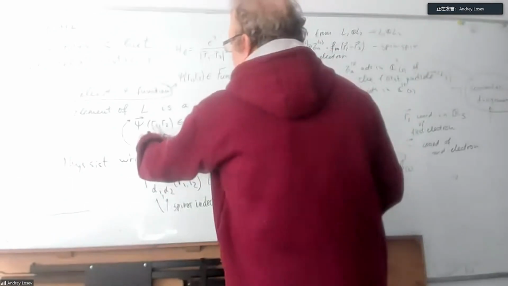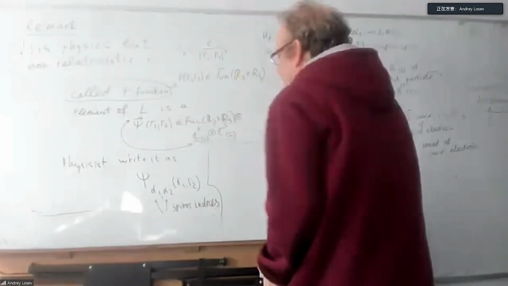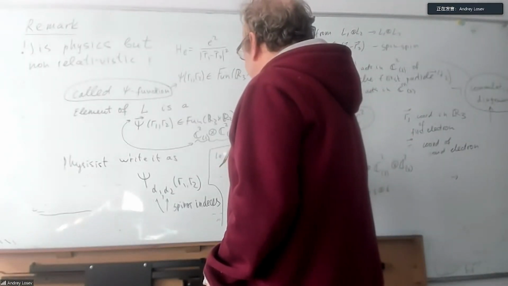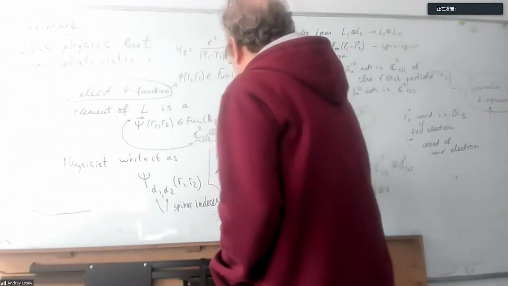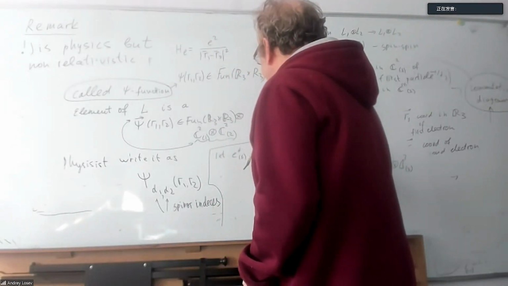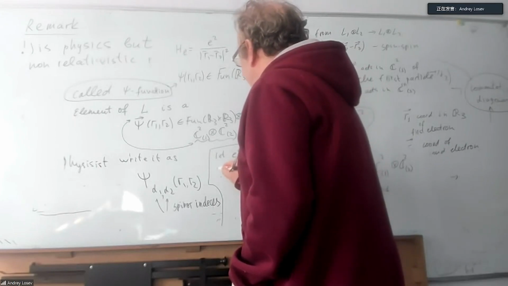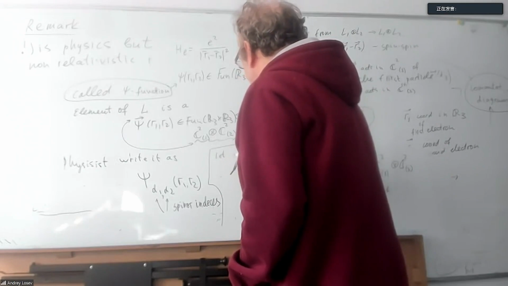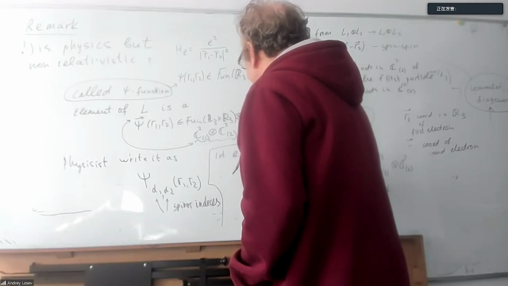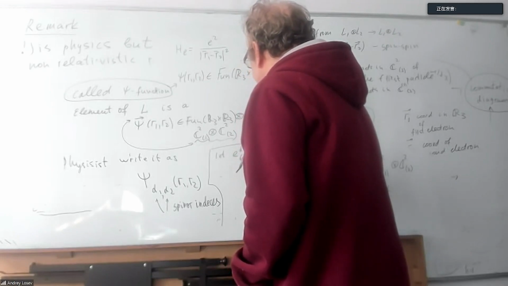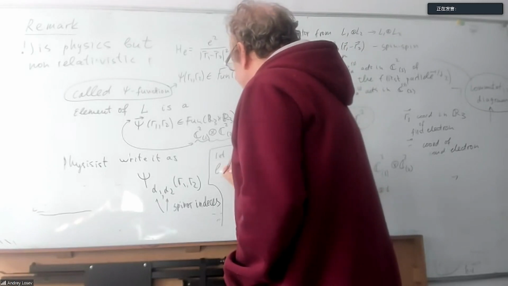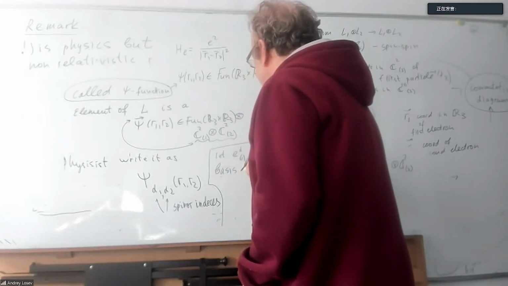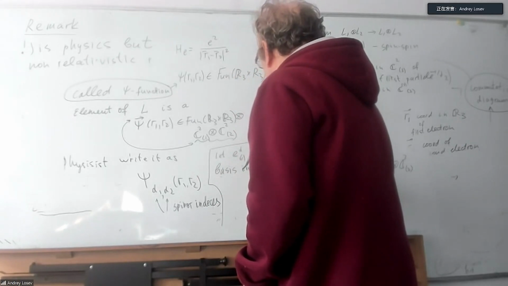To explain the relation between this and this, I just say that let E alpha 1 be a basis in C squared 1.